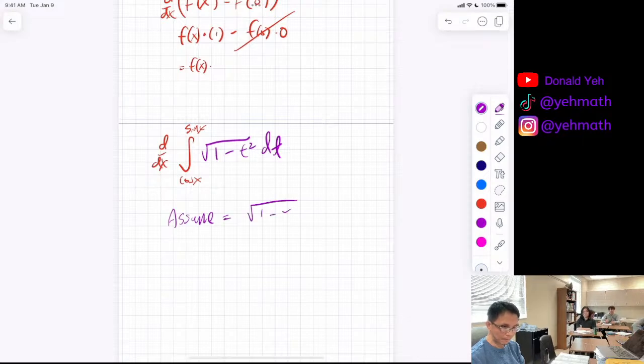I'm going to assume that's g of t. Why do I assume? Because I don't care what kind of function it is. If I integrate it and I take a derivative, I'm going to go back to the nail state, right? It doesn't matter. It's a nail. If I hammer it in and I take it out, it's still a damn nail. It might be crooked, but it's still a nail. Is that okay?